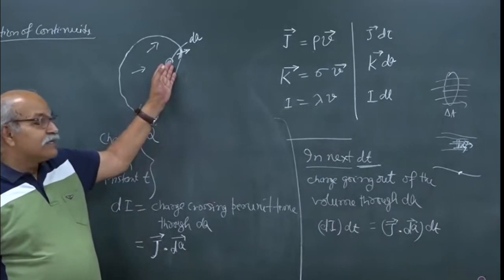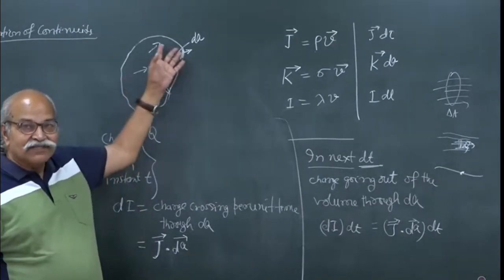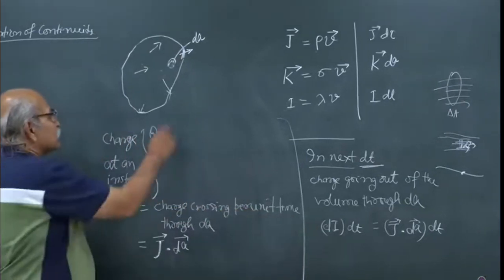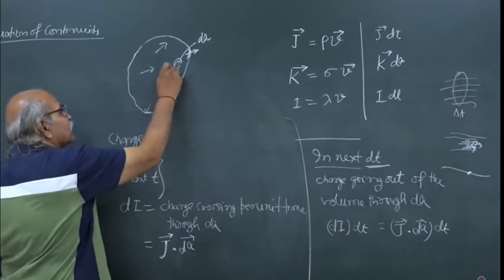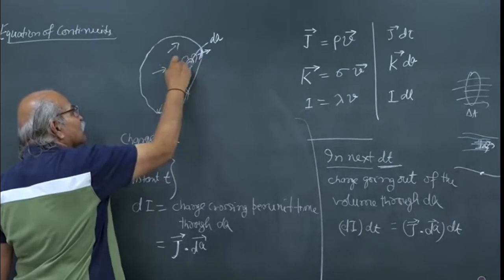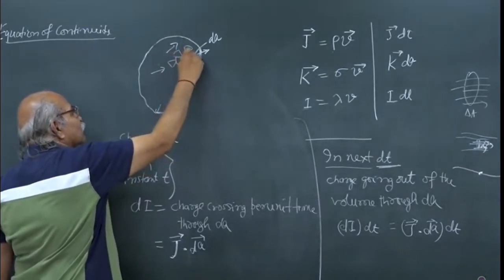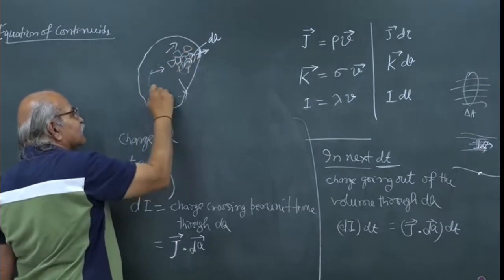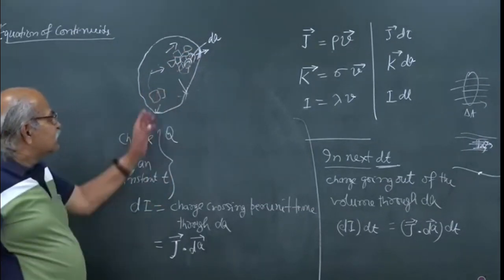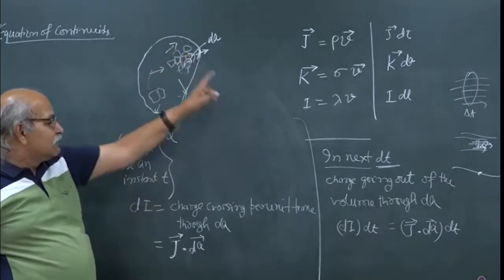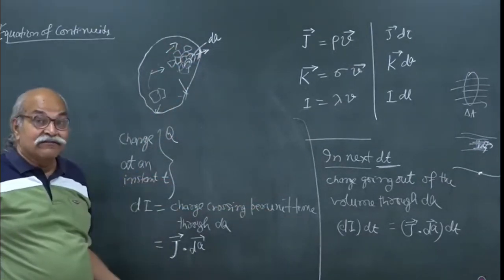Then integrate over the entire surface. That means now we are adding this quantity over the entire surface; the whole surface is divided into such small dA. From each dA we are calculating and then adding.